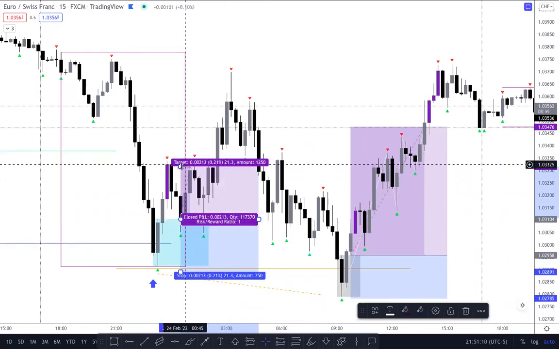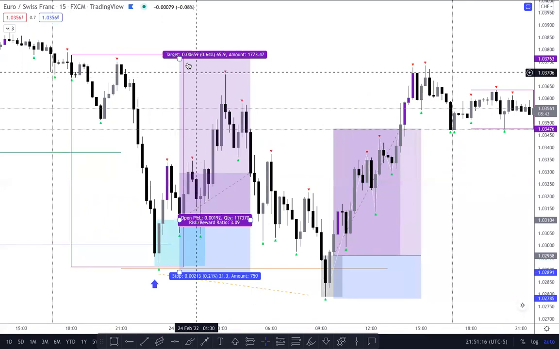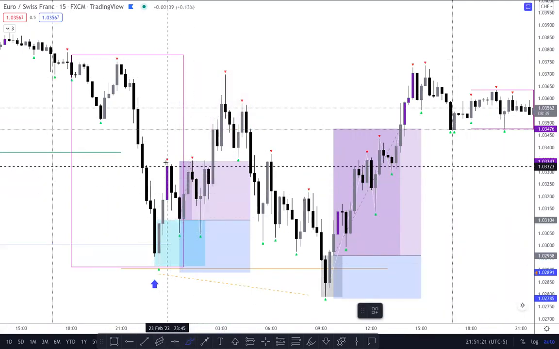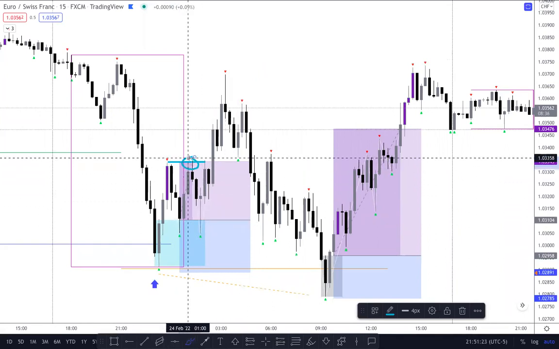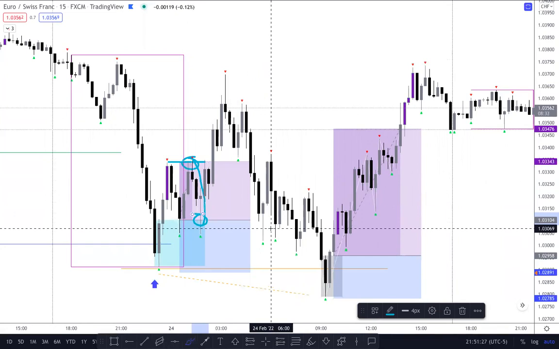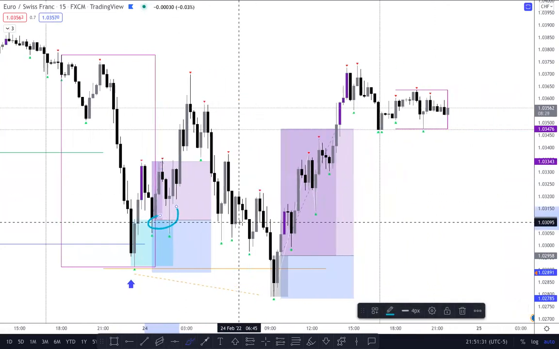At least I presume we are. I guess not. That's unfortunate. So here we most likely would have broken even after the sweep of this fractal here. We would have hit BE. That's okay. So it looks like we would have made nothing on this one.